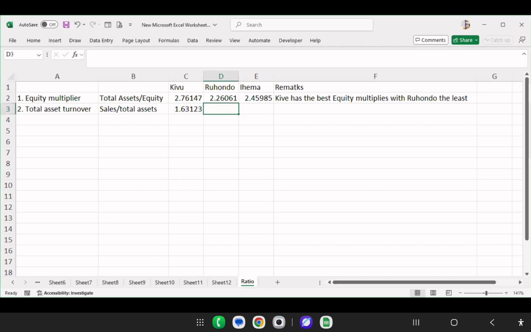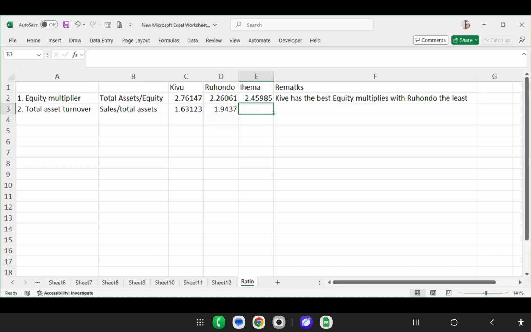For the second one again, we say 72.5 divided by total assets 37.3, equals.